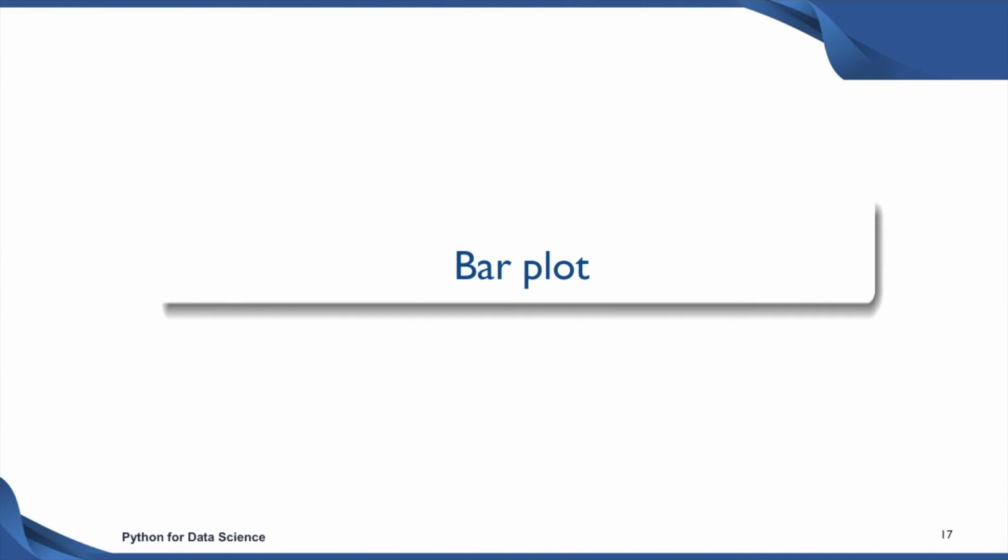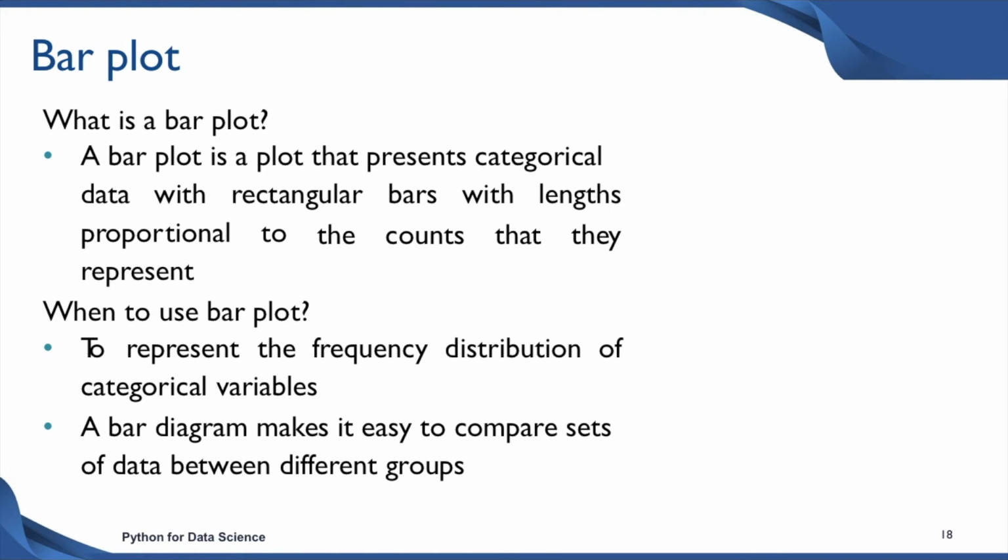Okay, so the next is the bar plot. What is a bar plot? A bar plot represents categorical data with rectangular bars whose length is proportional to the counts they represent.